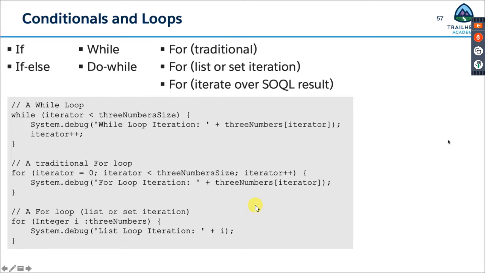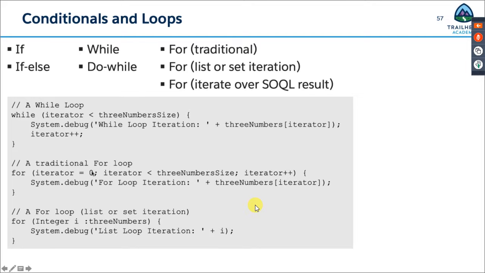All right. Now, for the for loops, we have 3 flavors. We have the traditional for loop. We have a for that iterates over a list or a set of elements. And we have a for which iterates over the results of a SQL query. When I talk about traditional for loops, this is basically what I mean.